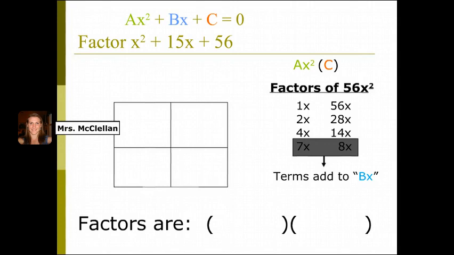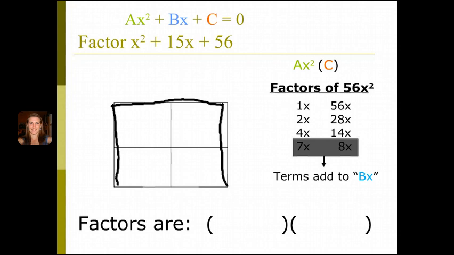Okay, so the first thing I'm going to do here is go ahead and draw my box, because mine didn't show up. Okay, so now we need to talk about how to fill the box. If you refer back to the previous two slides, you'll notice that your ax squared term needs to go in the first box.